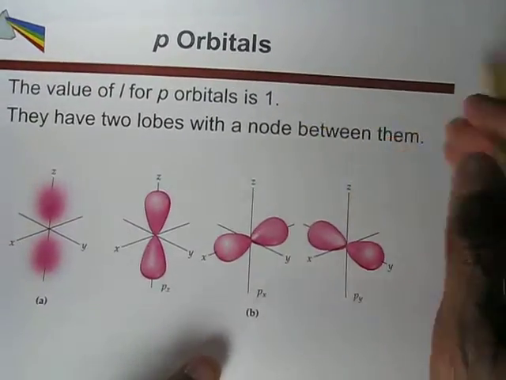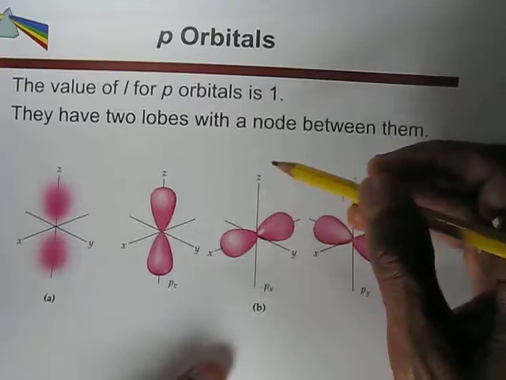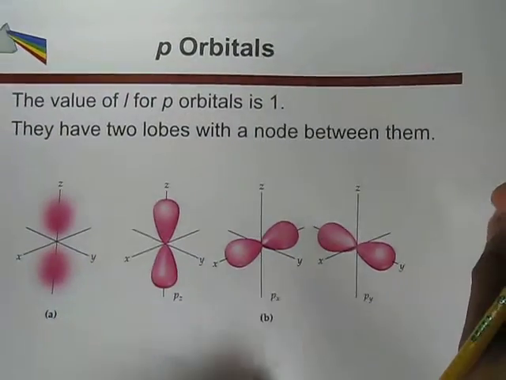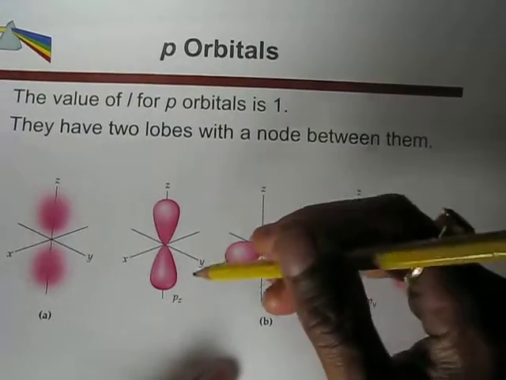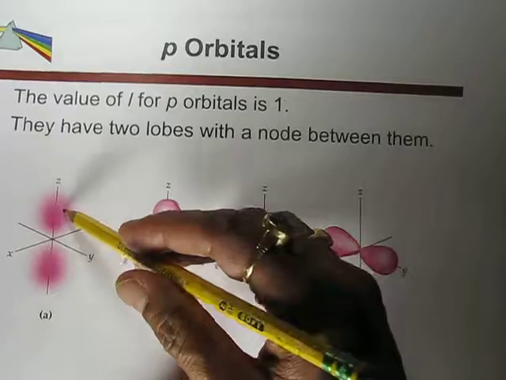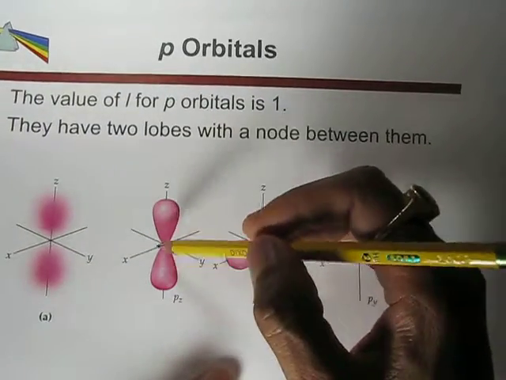So there are 3 p orbitals. They are arranged on x, y and z axis, and they are in dumbbell shape because they have two lobes, and the probability of finding of electron will be more on the lobes compared to the nodes.